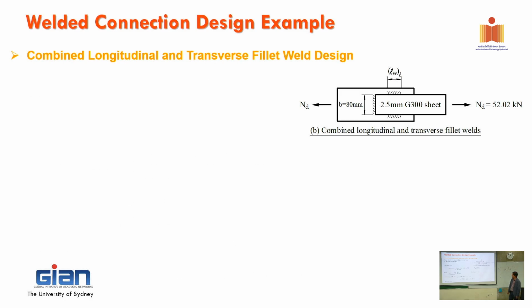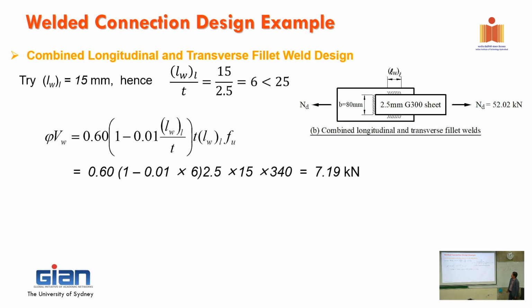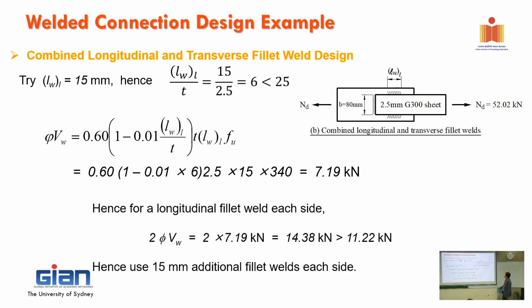That's how it works. So we try 15 first, and we plug into that equation, and we calculate, and we got 7.917. Because we have two of them, we calculate that capacity, and it's greater than the remaining load that we need, so it's good. So each side is 15 millimeter longitudinal weld.